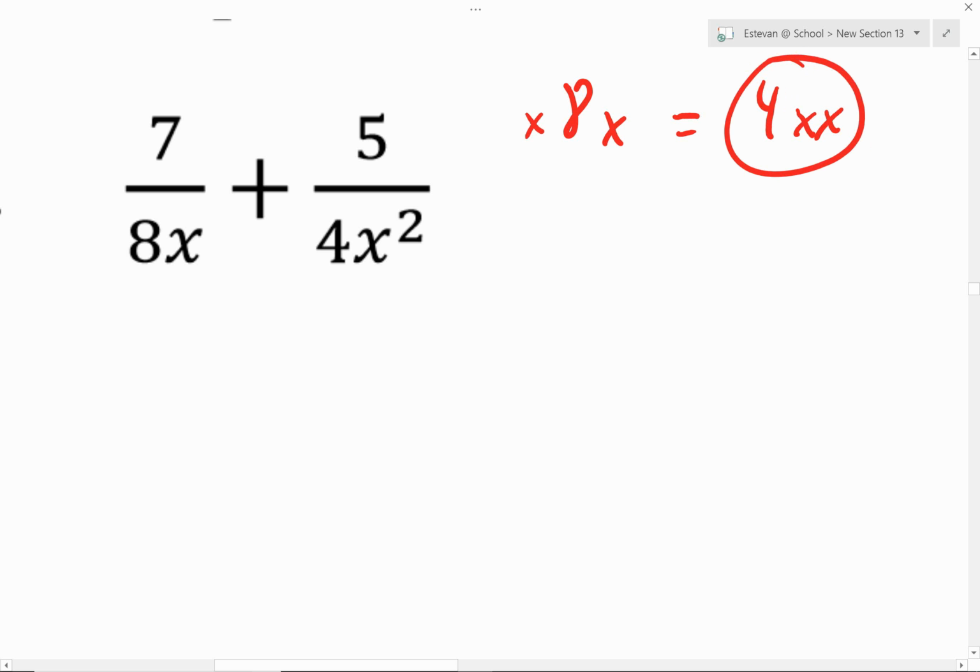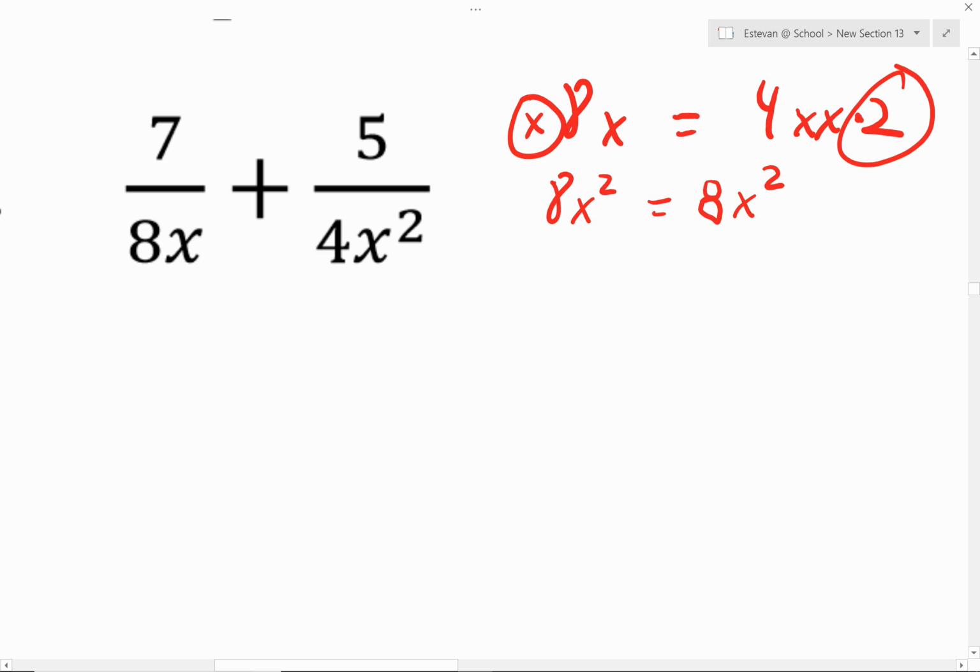And over here with the 4, I just need to multiply by 2. Now I have 8x squared, and that will be equal to 8x squared as well. So that's when I'm going to be multiplying to the top and bottom of those fractions.